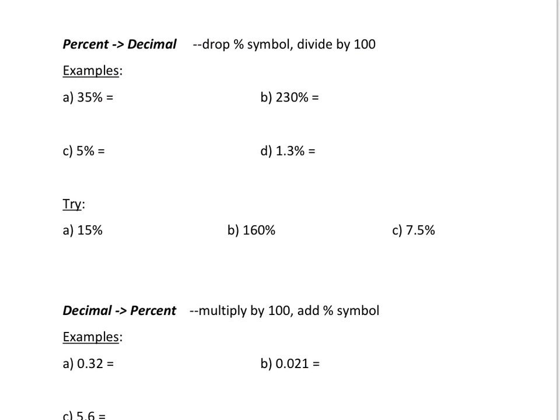Now let's do percent to decimal. So when we start with a percent to decimal, we will drop the percent symbol and divide by 100. So for example, 35% will become 35.